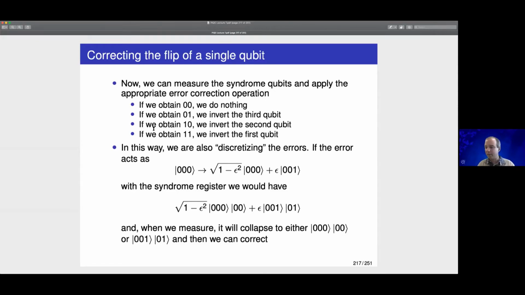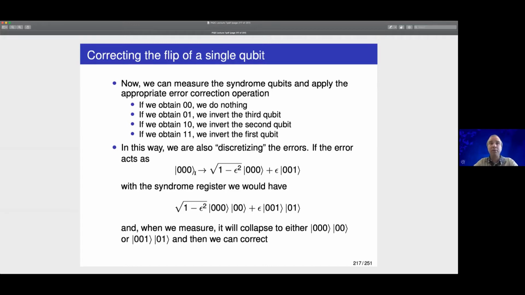Well, it turns out that this is also corrected by this code, because when we measure the ancillary qubits in order to obtain what we call the syndrome, these 2 bits that reflect what is the error that has occurred, we are somehow discretizing the error.